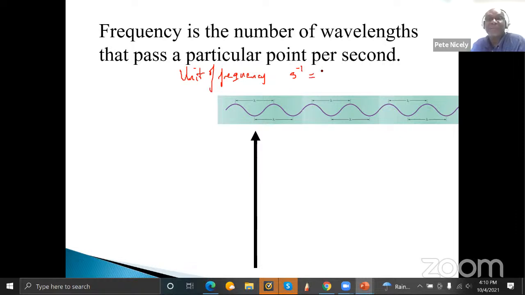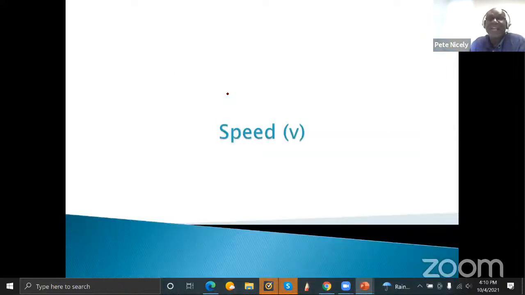And there's a special name given to this unit. It's called the Hertz unit, right? H-E-R-T-Z, all right? Or symbolized Hz. So if you see the symbol here, you should understand it's the same thing as seconds to the minus 1, all right? Okay, so that's a unit of frequency.